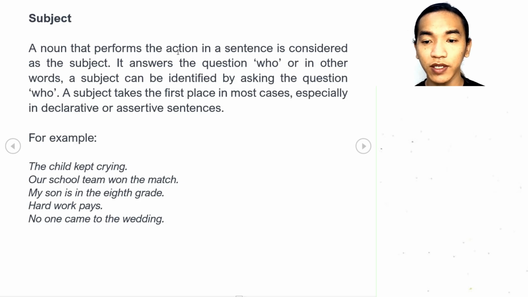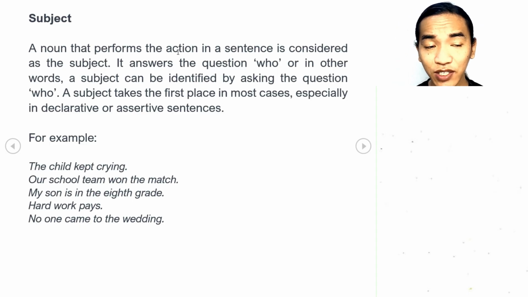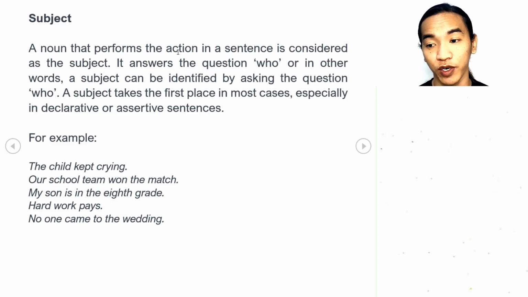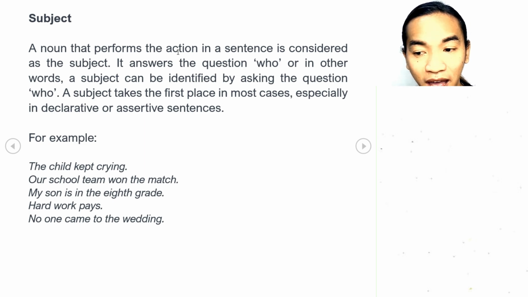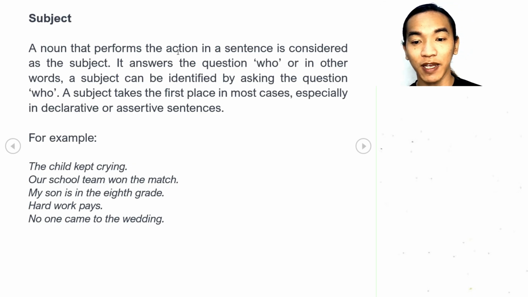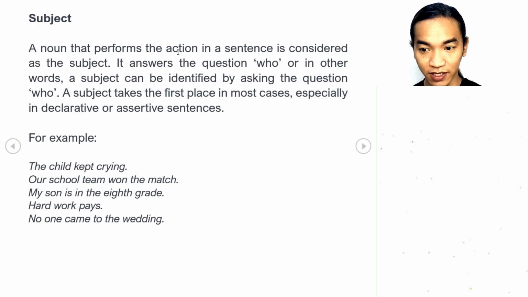Now, as we know, the subject is usually a noun that performs the action in the sentence, and that is considered as your subject. It answers the question who or what, depending if it's a person or not. In other words, a subject can be identified by asking the question who. Okay, a subject takes the first place in most cases, especially in declarative or assertive sentences.